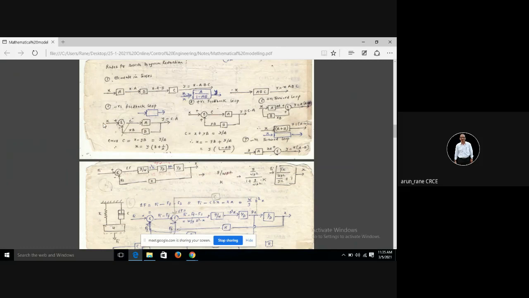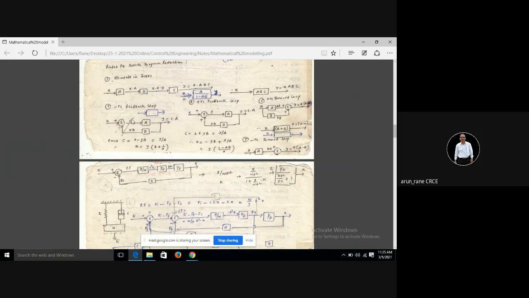Now let's write your input signal, that is x plus. That's a positive signal here. Let us assume that after the summing point we get a signal of say c. This is a summing point.